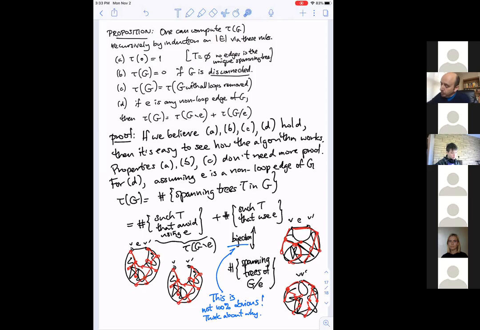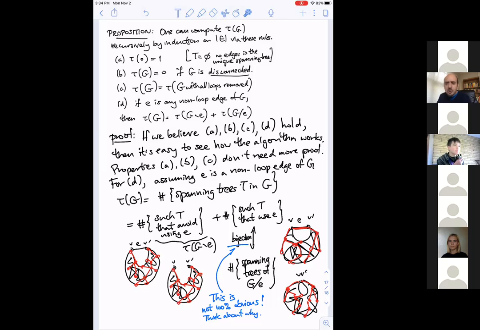And what you should really think about while you're doing that is, why did we have to assume that E was a non-loop edge? Well, we didn't even define what contraction was for a loop edge. But I guess that's not so much the main issue here. The main issue here is thinking about, why do you actually get a bijection here?